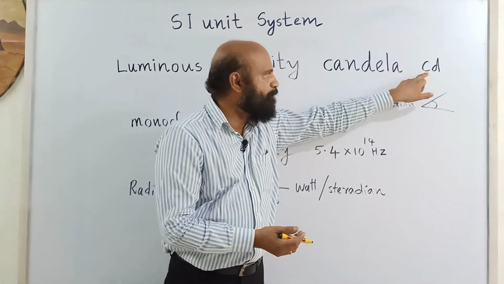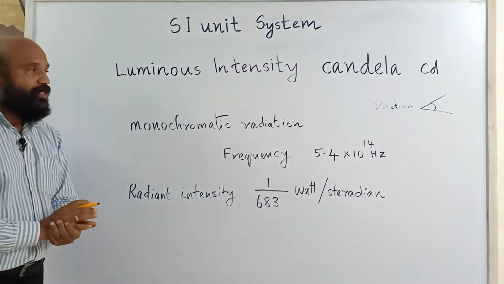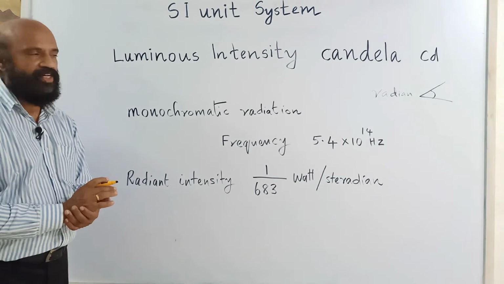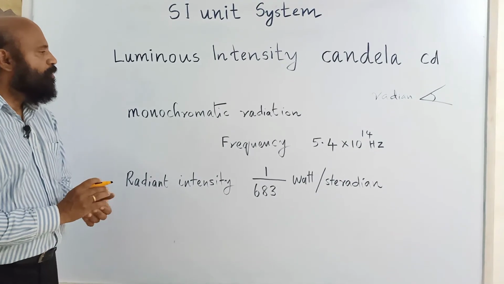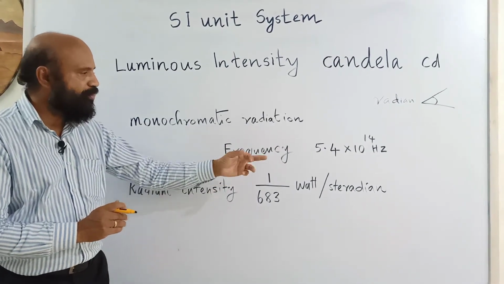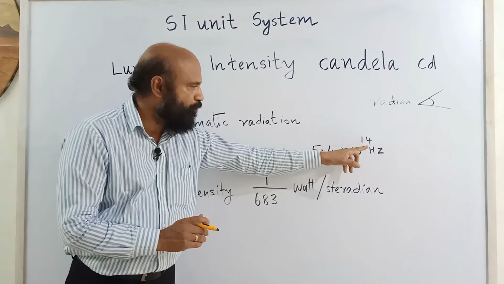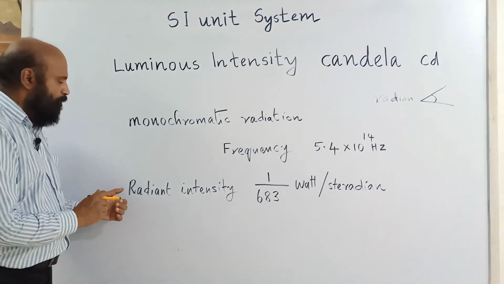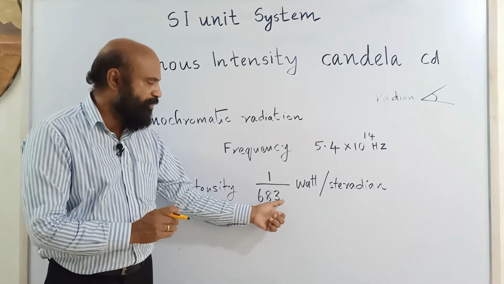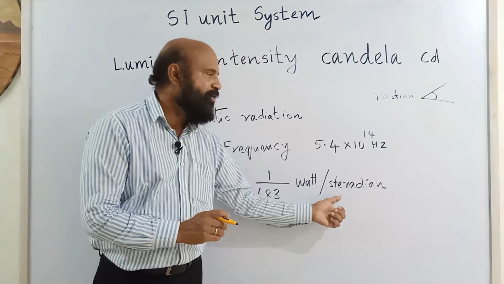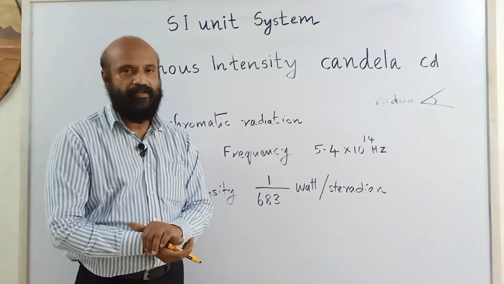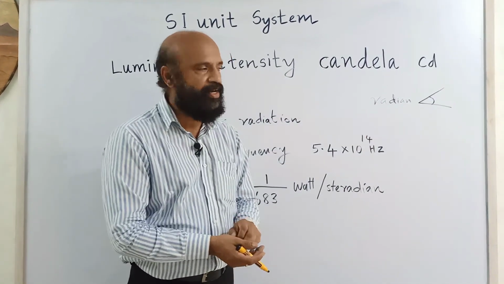It is represented by the symbol cd. 1 candela is defined as the luminous intensity in a given direction due to a source which emits a monochromatic radiation of frequency 5.4 into 10 raised to 14 Hertz and whose radiant intensity is 1 by 683 watt per steradian. Steradian is the unit for measuring solid angle. You know, radian is the unit for measuring plane angle.